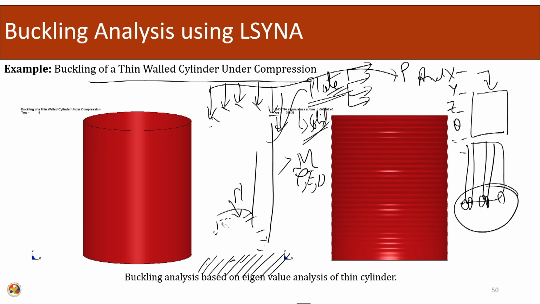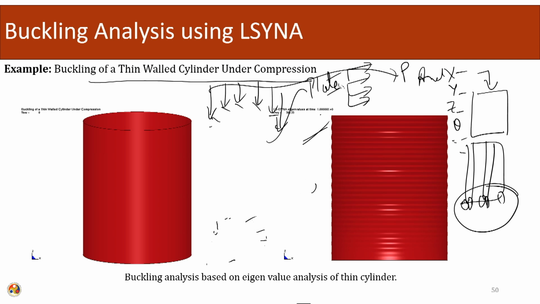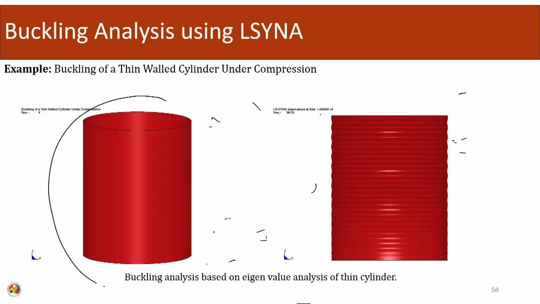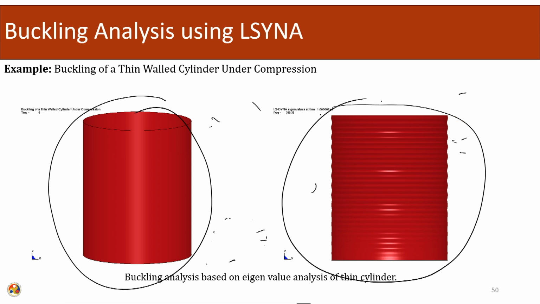For the buckling analysis, we can specify how many modes are required, or we can let it run for a given period of time and it will show us all the specified modes. Here, for the buckling of a thin walled cylinder under compression, it is showing the different eigenvalues, and this is the frequency of the system.